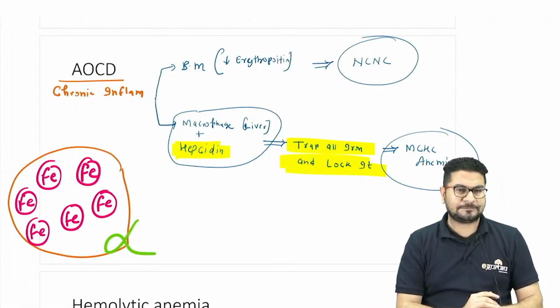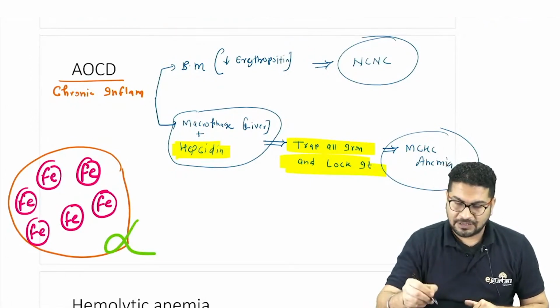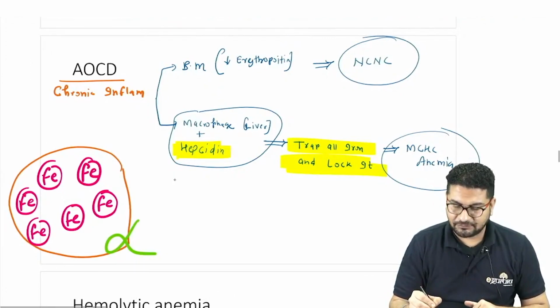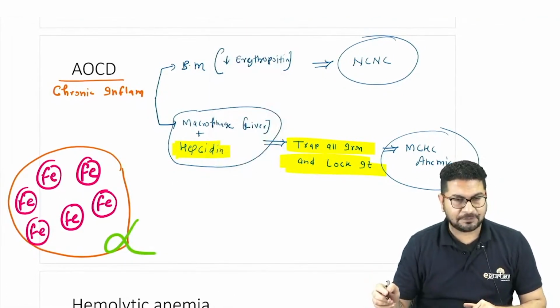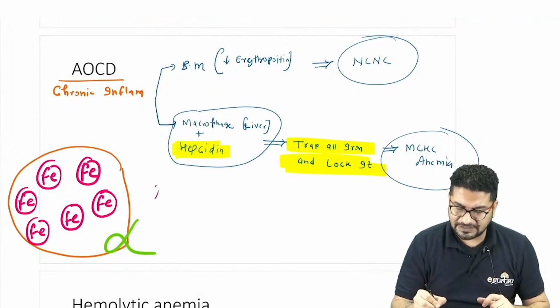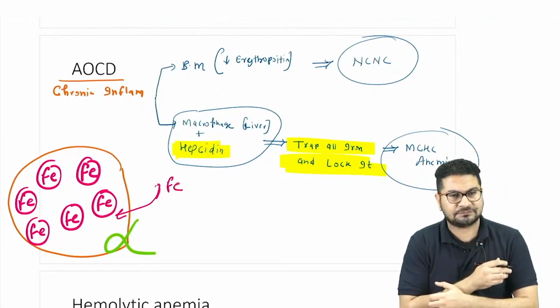The government put a lock. You cannot use this. There's a lock, right? Whatever iron is coming, suppose you give iron to this patient, this iron will not be utilized, it will go to store.